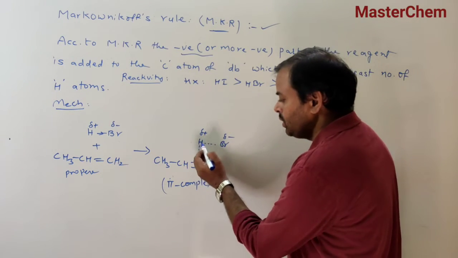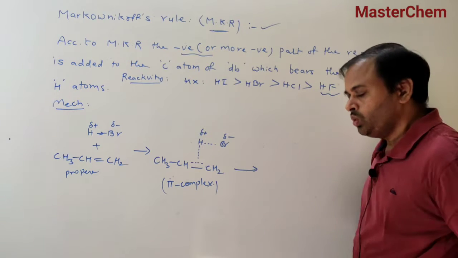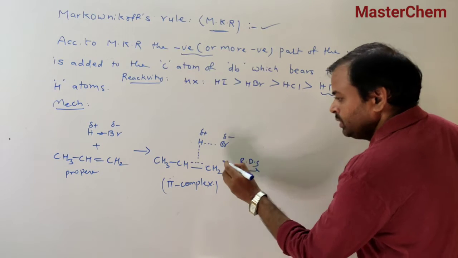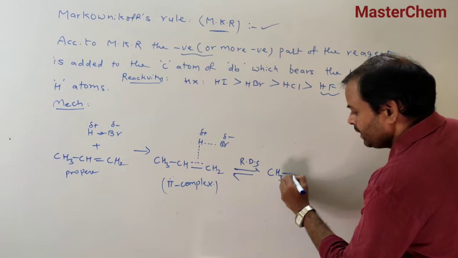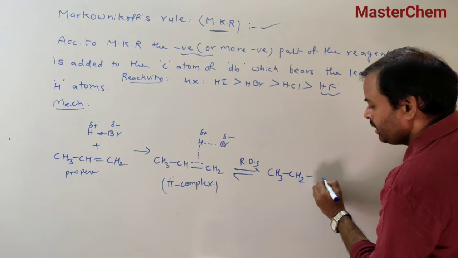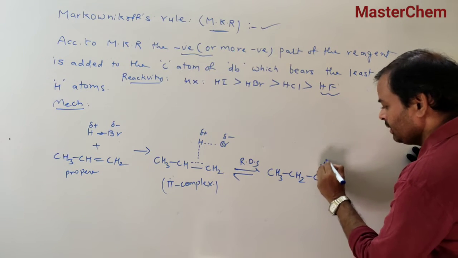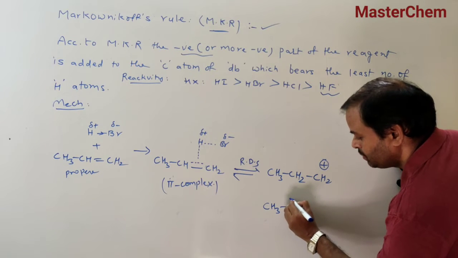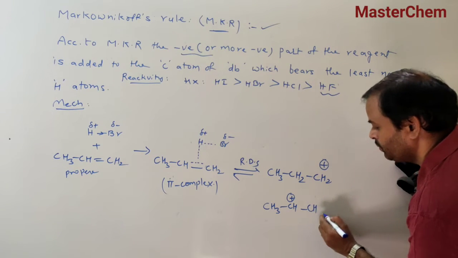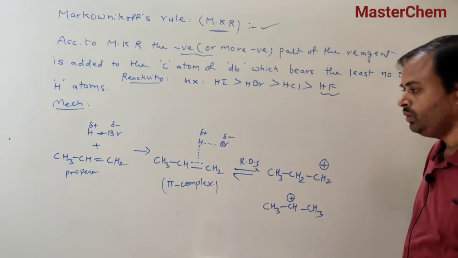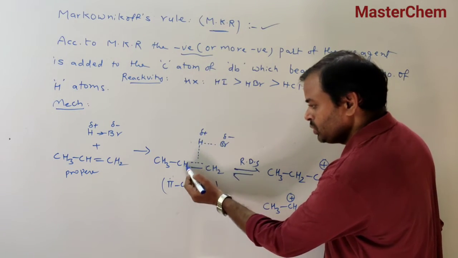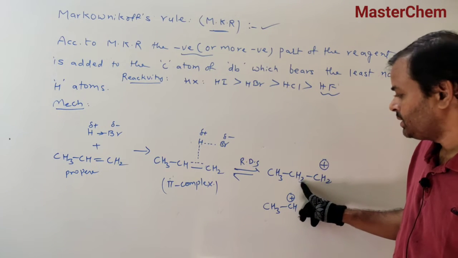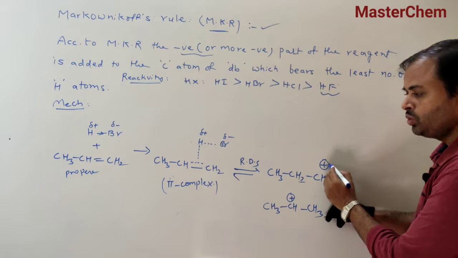So in the rate determining step, we can write two intermediates: the primary carbocation and CH3CH+CH3. If hydrogen is attached to this carbon, it becomes CH3CH2CH2+.